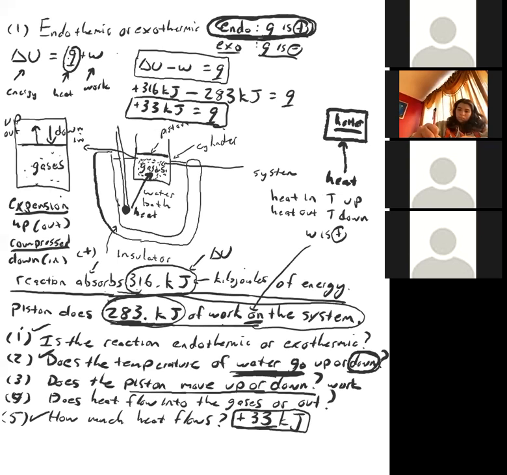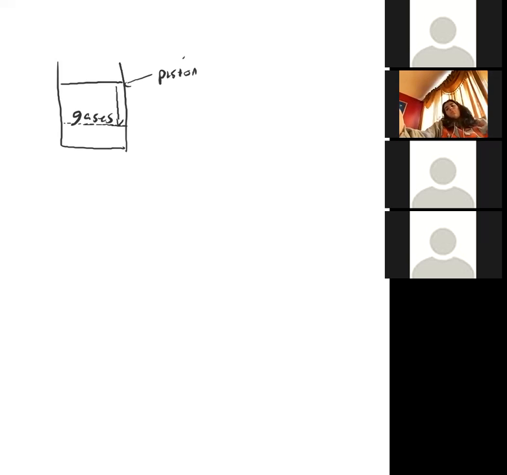Okay, I'm going to actually save this because I'm running out of room. So the idea is this. Here's your piston. This is the piston here. And these are the gases inside there. The convention again is if the piston goes in, if it goes to a smaller space, a smaller volume, so now this is called compression.